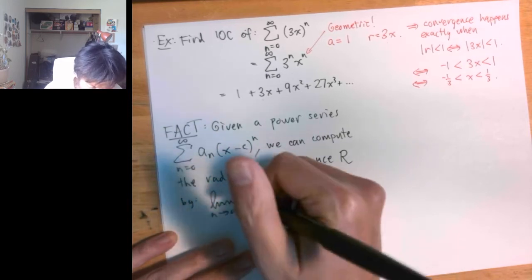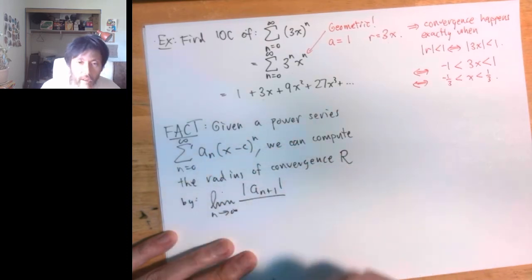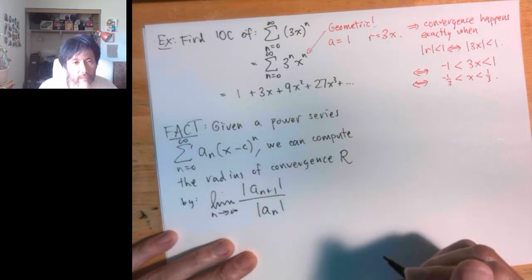The limit as n goes to infinity of the absolute value of a sub n plus 1 over the absolute value of a sub n.